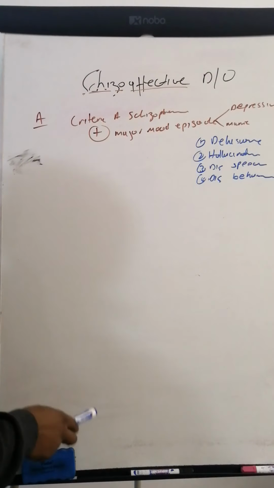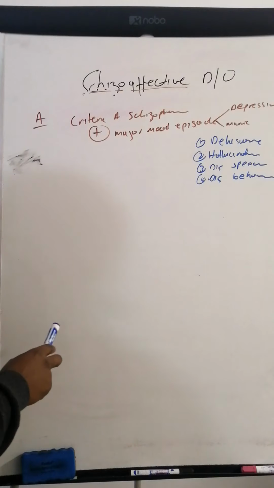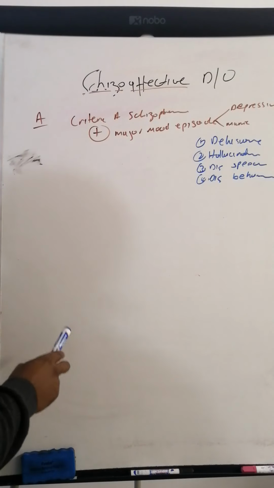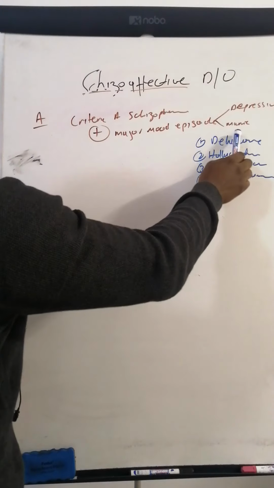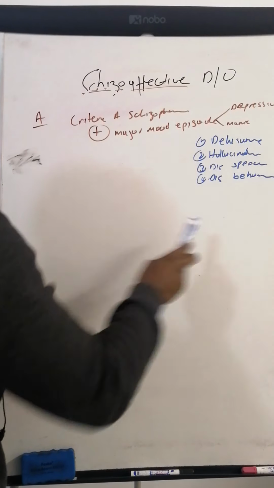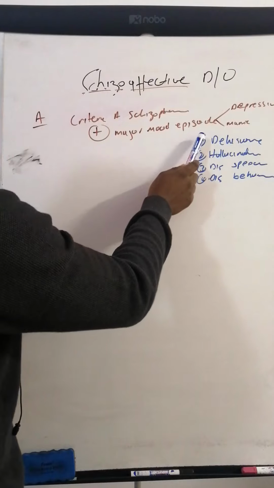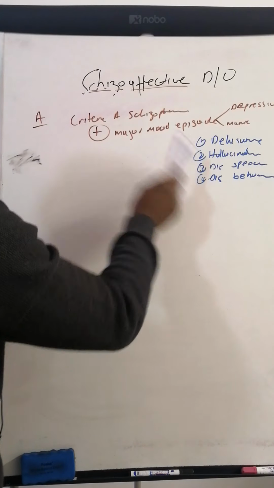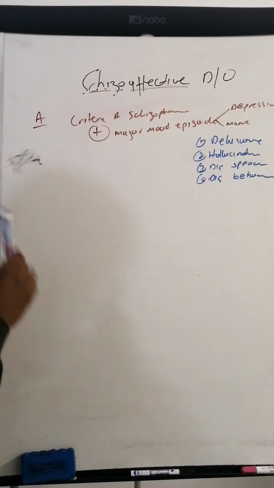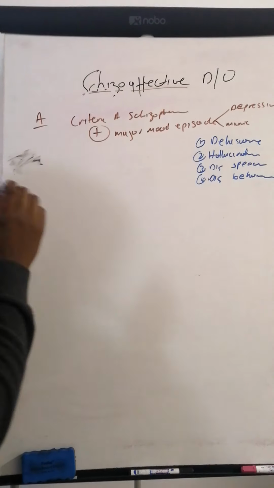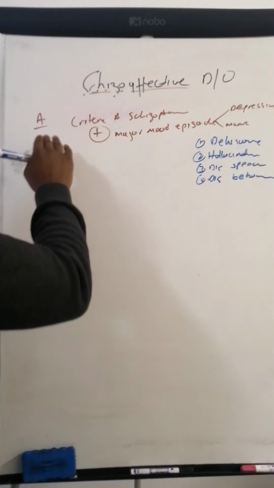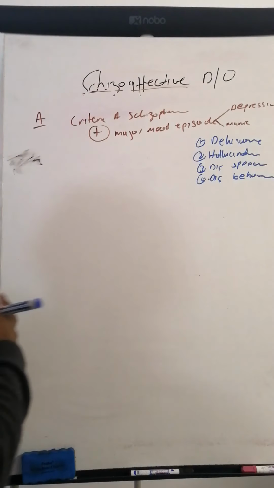So now when we come to schizoaffective, to diagnose it you need criteria A of schizophrenia, which means a minimum of two of these symptoms, and one of those should be either this or that. But on top of that, you must have a major mood episode. That's criteria A for schizoaffective.